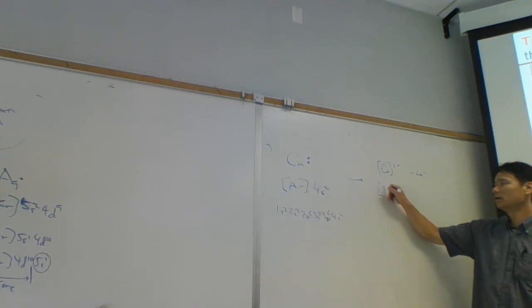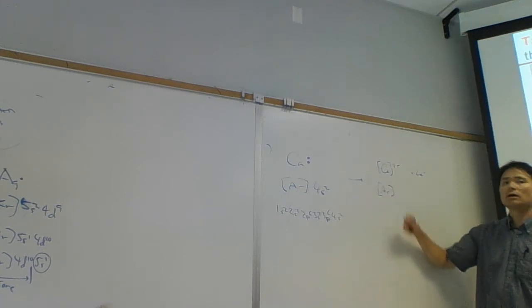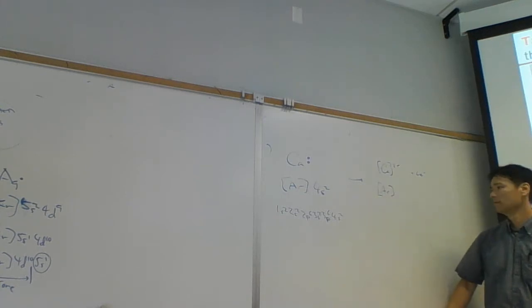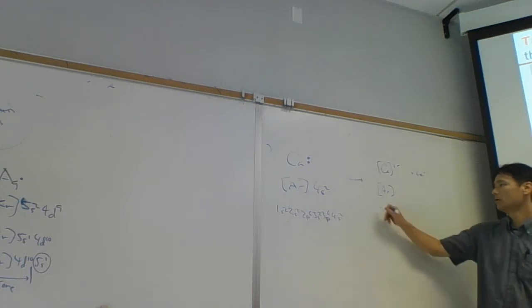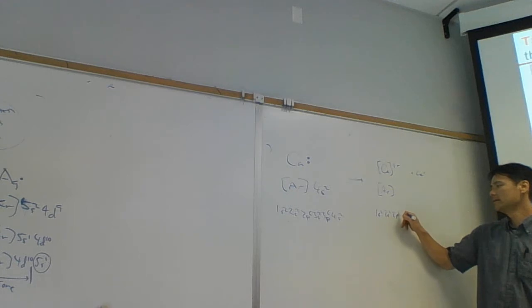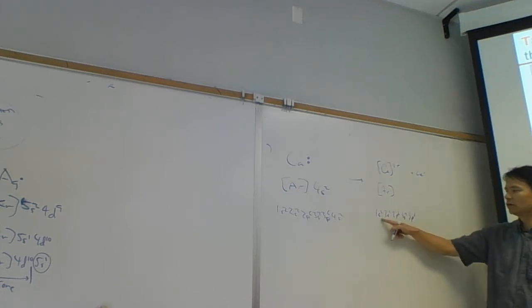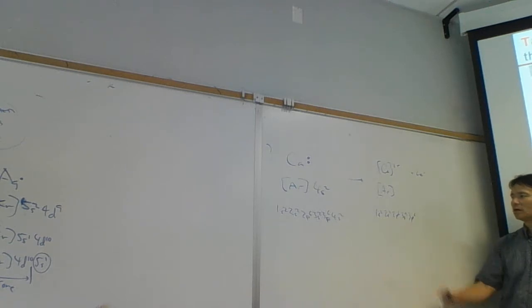We're left with the argon core. That's it. In other words, we're left with 1s2, 2s2, 2p6, 3s2, 3p6. Filled first shell, filled second shell, filled third shell. Filled shell configuration.